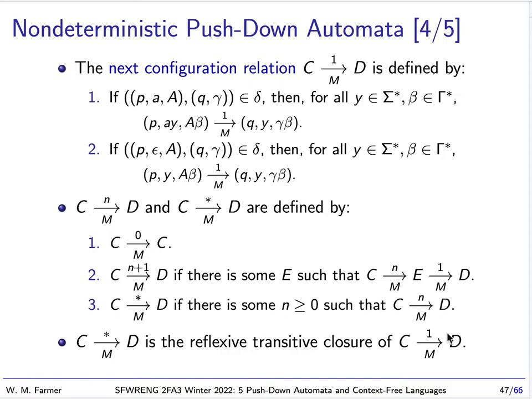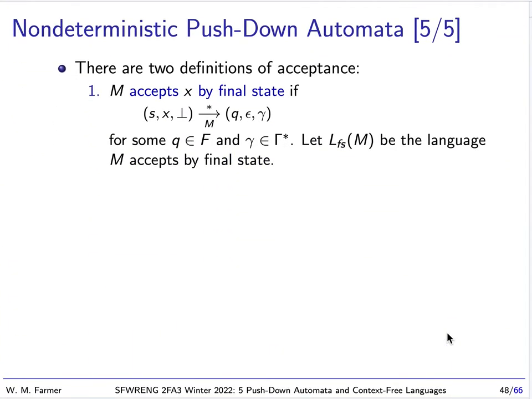Okay, so one thing you might be wondering about is, well, how do we accept a string? Well, there's actually two ways of doing this. So remember, we're going to start off in the start configuration, and we're going to accept this string x if we end up in this configuration where Q is a final state.